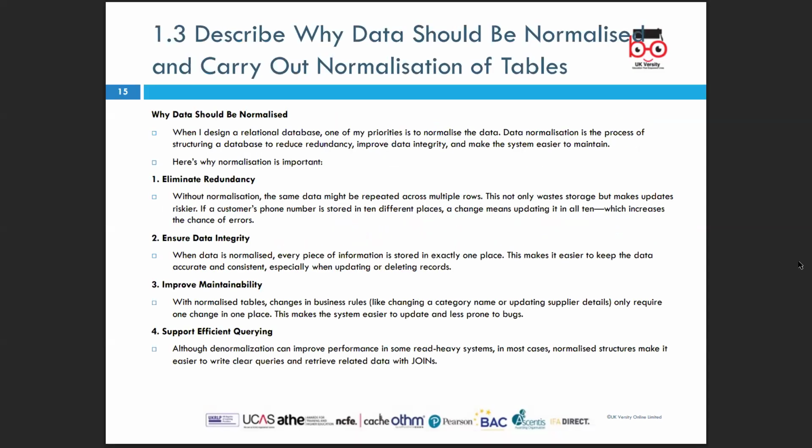Now we're going to describe why data should be normalized and carry out normalization of a table. Why should data be normalized? When designing a relational database, one of the priorities is normalization, the process of structuring data to reduce redundancy, improve data integrity, and make the system easier to maintain.